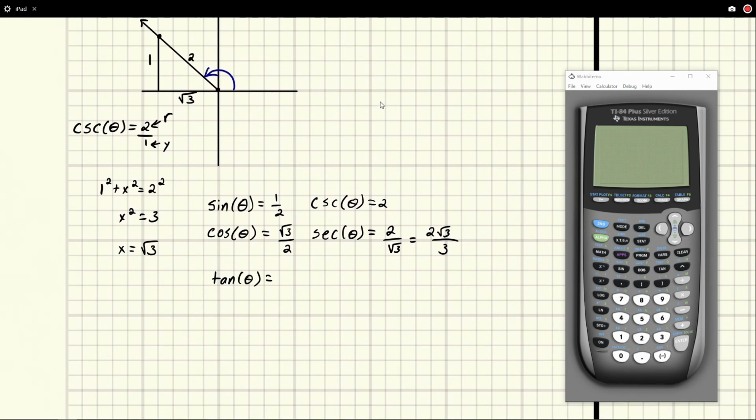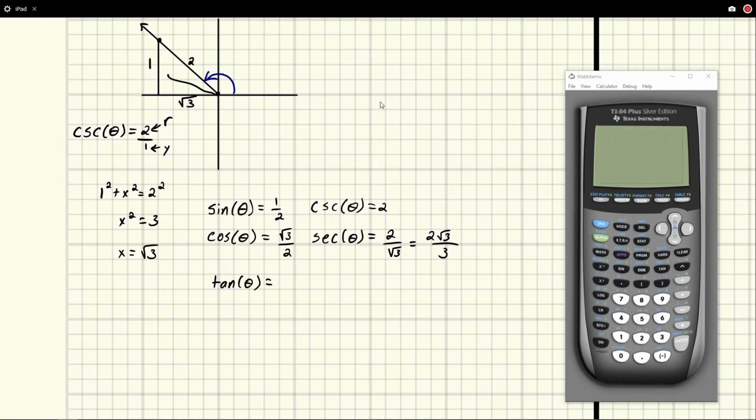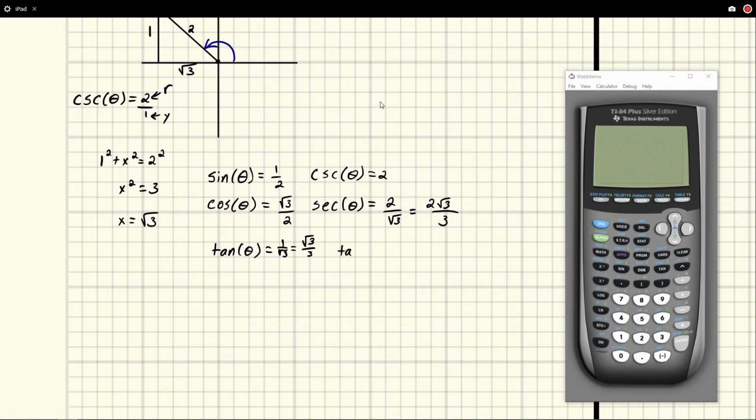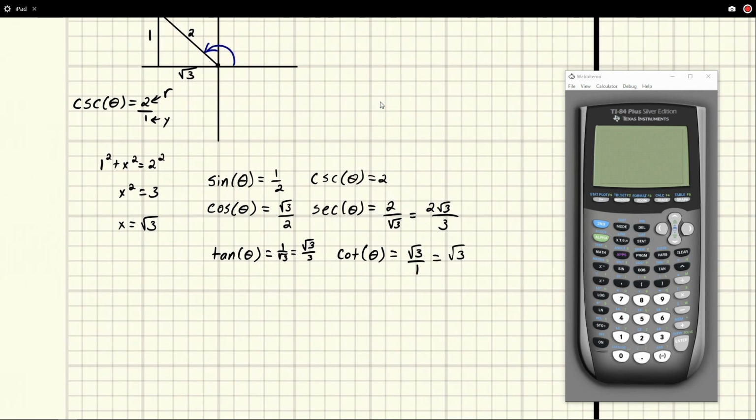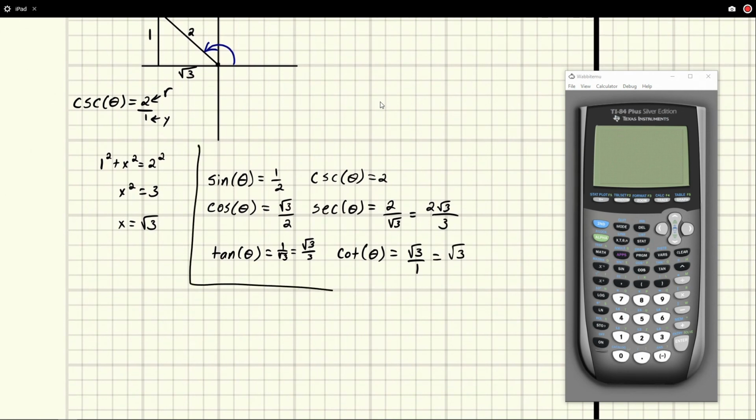Looking at our triangle, tangent of theta is opposite over adjacent. So we're going to have 1 over the square root of 3, which when we rationalize is going to be rad 3 over 3. And then we're going to take the cotangent, which will be the reciprocal of this, which will just end up being rad 3. And so these would be our answers.